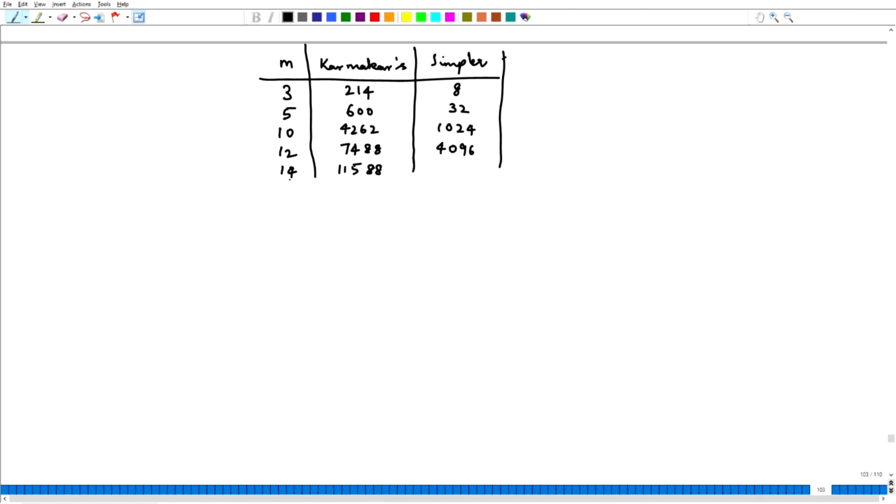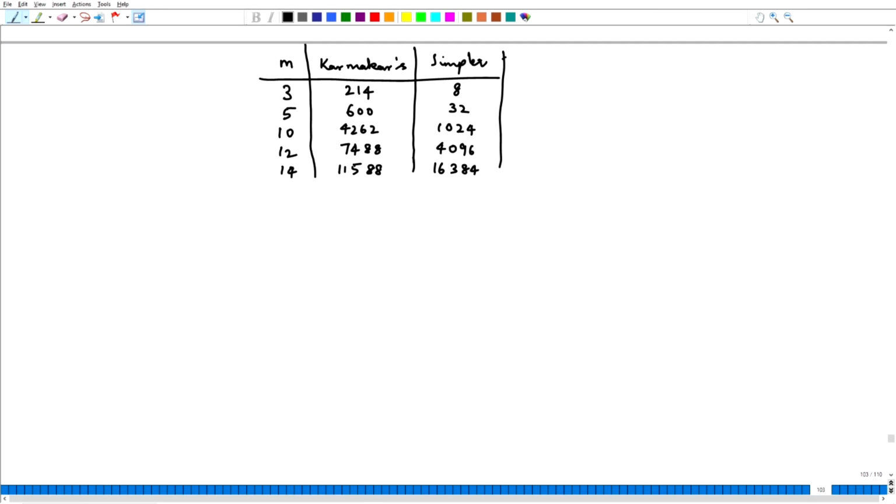And what is 2 power 14? If you have computed already, you would have got 16,384. So at least there is some value of m for which Karmaker's algorithm takes fewer iterations than the simplex algorithm.